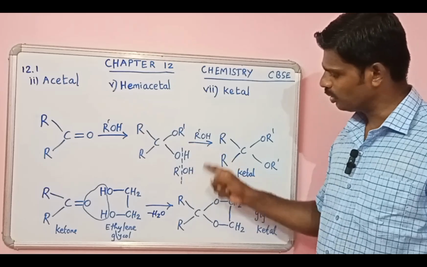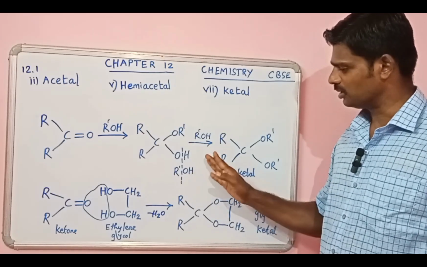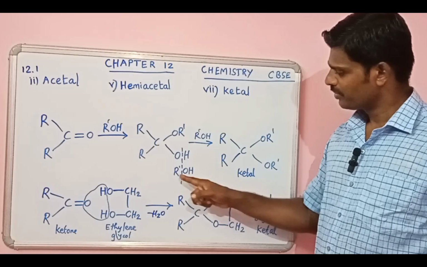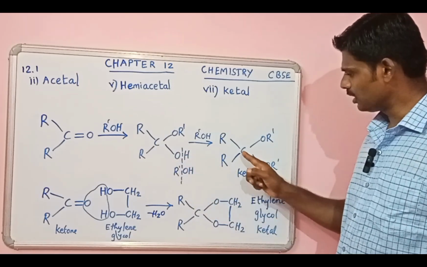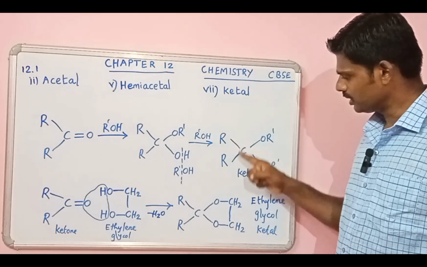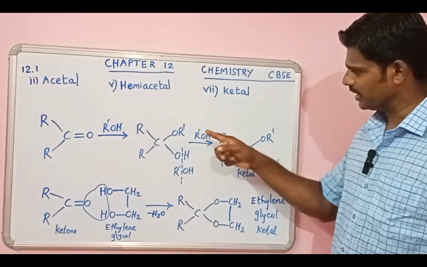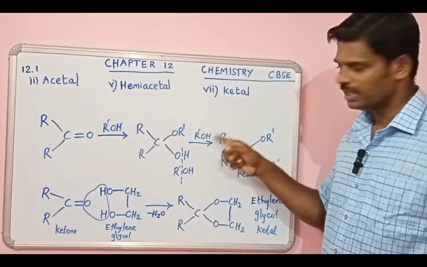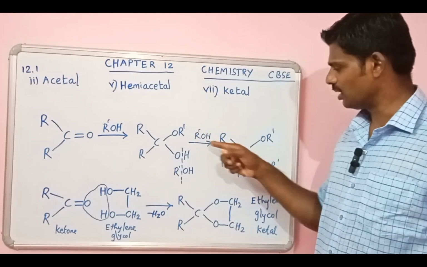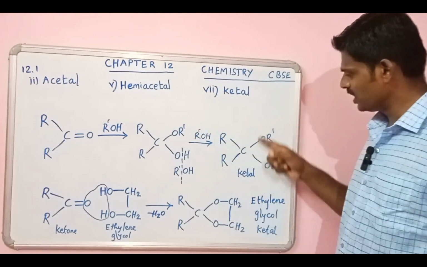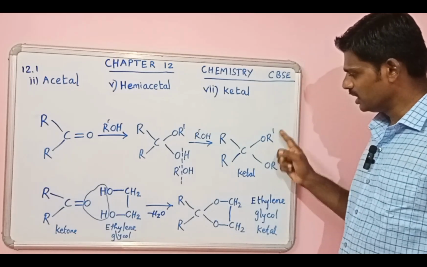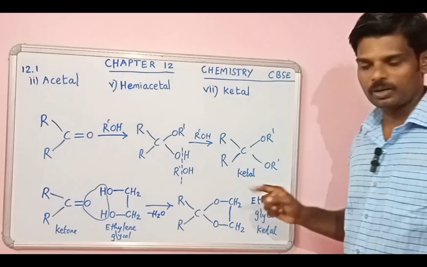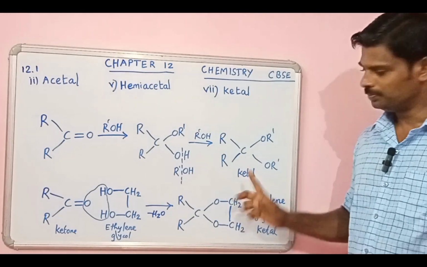So this H2O will go out from the equation, and the R will be attached here. So the final product is R, and then OR dash, with this R dash coming from the alcohol group. So finally we get the ether group, and here also we have an ether group. So both are ether groups, that is why we have the name ketal.